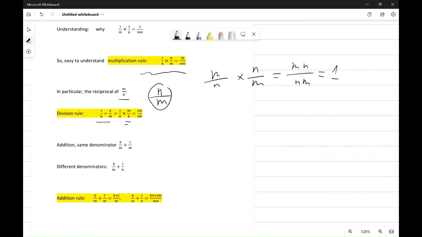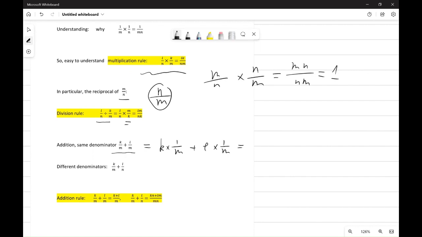Finally, we talk about the addition rule. Suppose we have two fractions which have the same denominator, k over m and l over m. If we want to add them together, we can do the following. k over m is k copies of 1 over m, and l over m is l copies of 1 over m. Then multiplication has the so-called distributive rule.